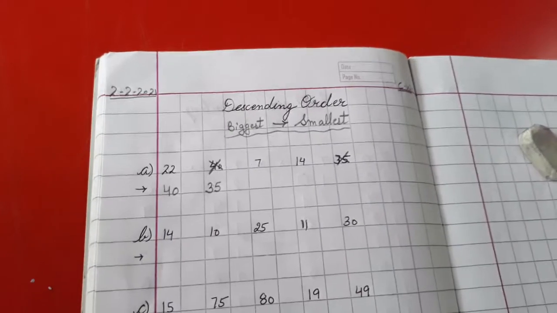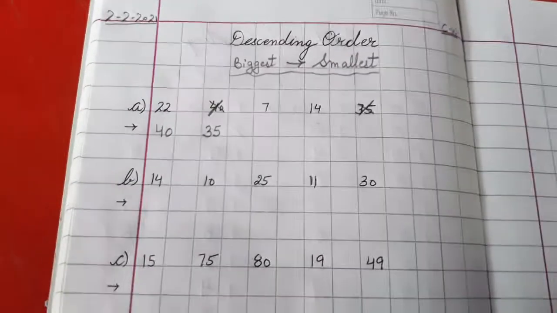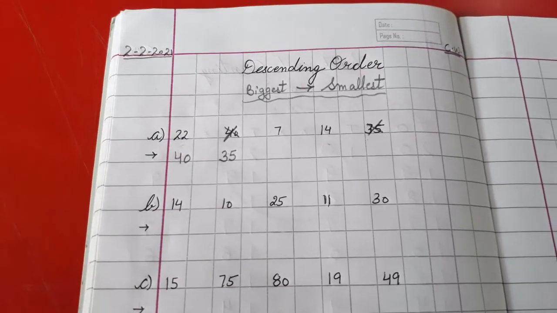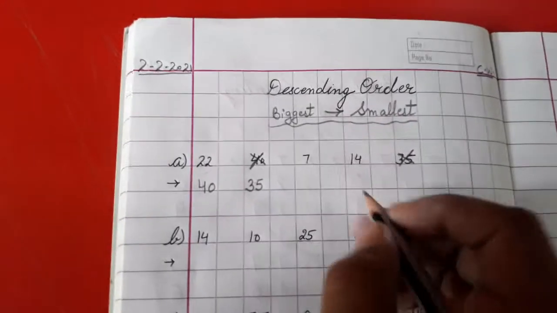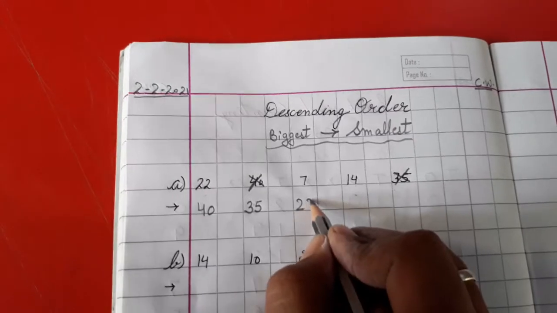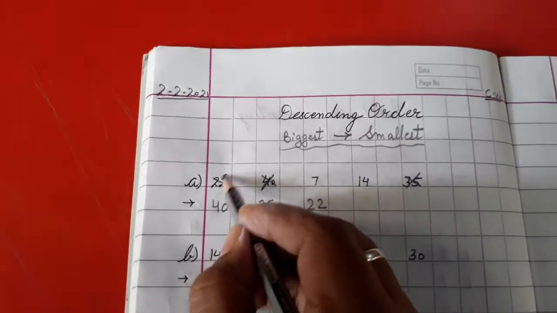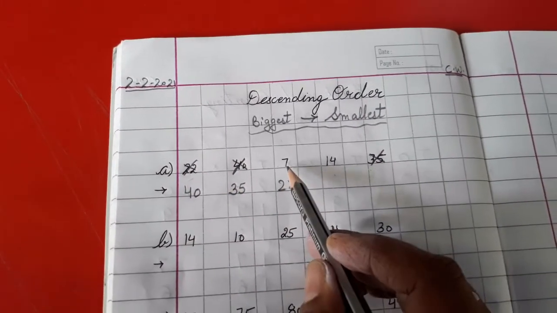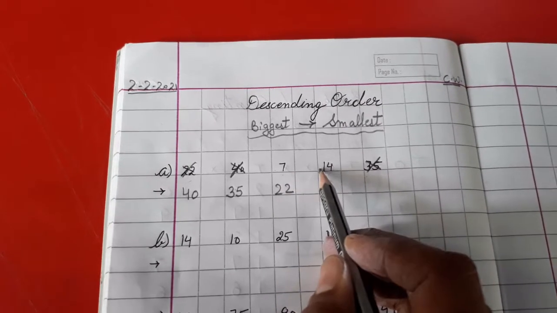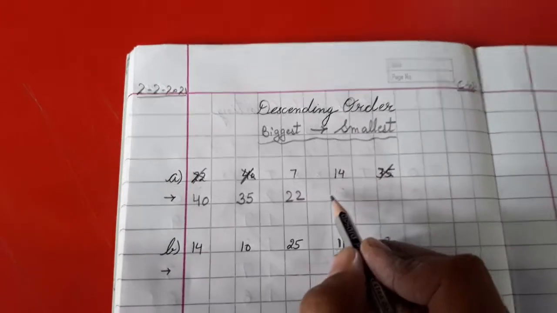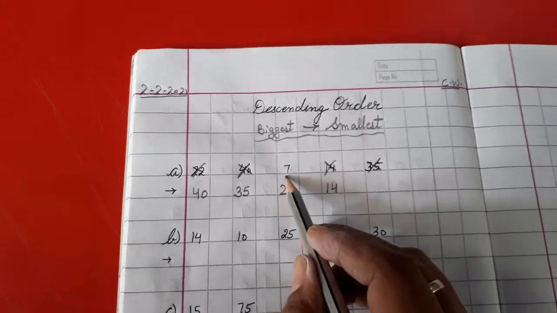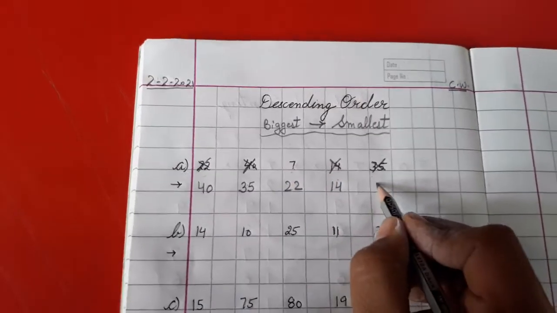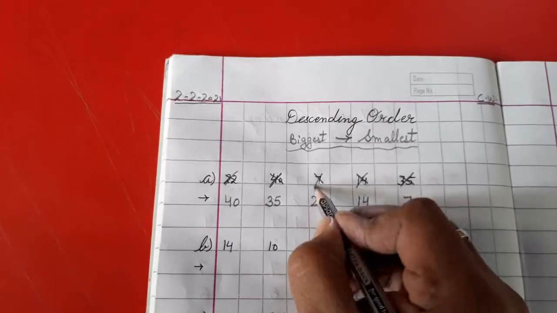Now we have 22, 7, 14. So can you tell me? 22, 7, 14. 22 will come now. So yes, we are going to copy 22 and put a cross here. Now we have 7 and 14. So which one is the bigger one? 14 is bigger. So we'll write that. Put a cross here. And last 7 is left. So we'll write 7 and cross.